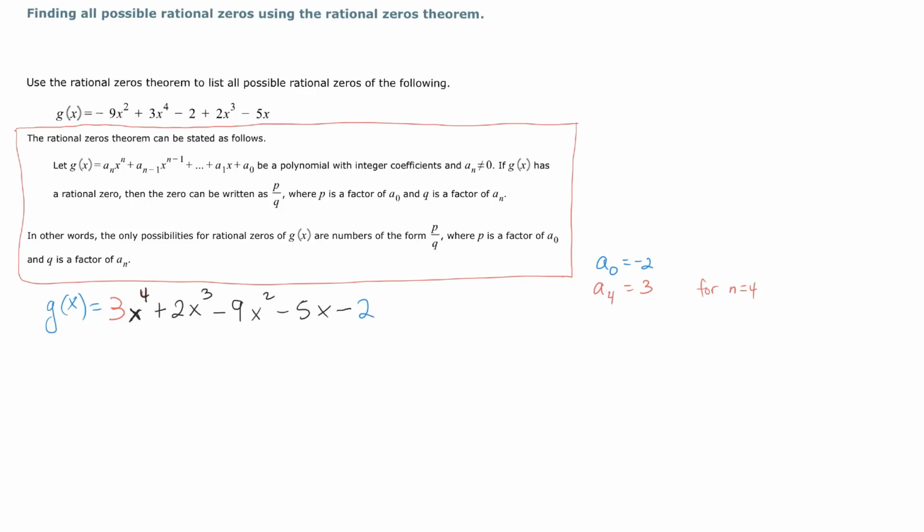Why don't we list all such possibilities? Rational zeros. Possible. The key word is possible.